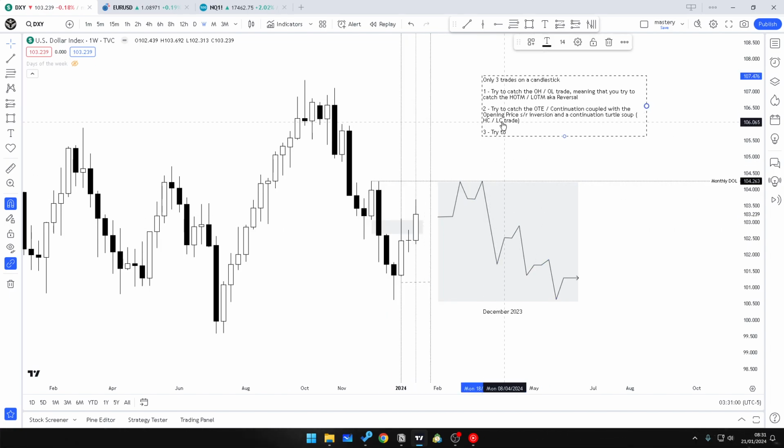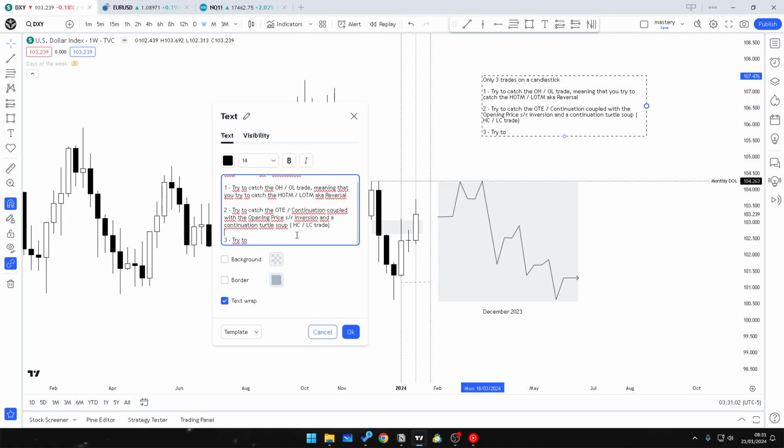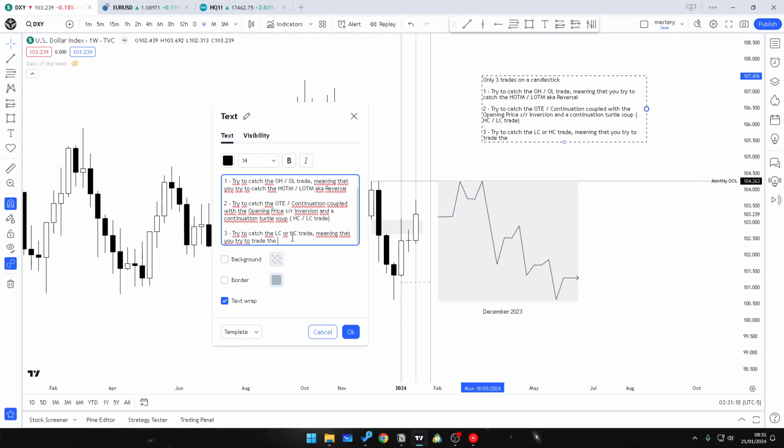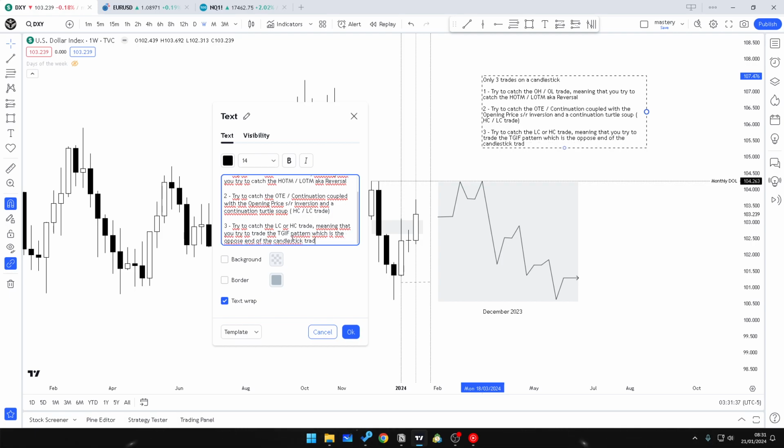And then we have the third, which is to try to catch the closing, the low close or high close trade, meaning that you try to trade the thank God it's Friday pattern, which is the opposite end of the candlestick trade.